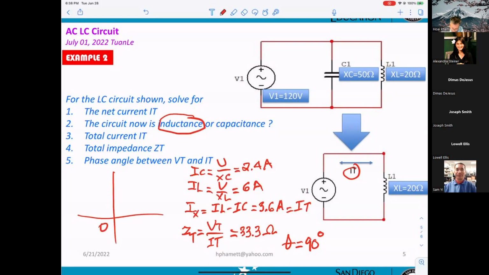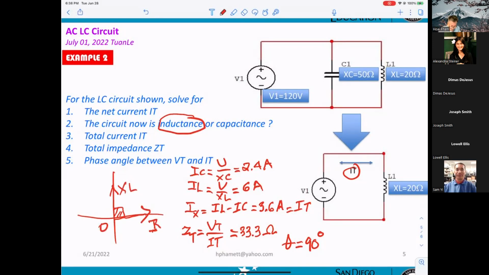Okay, XL will be leading the current, right? Now XL leading R by 90 degrees. So that's why the answer will be 90. You don't have to do calculation. You get only XL, nothing else.